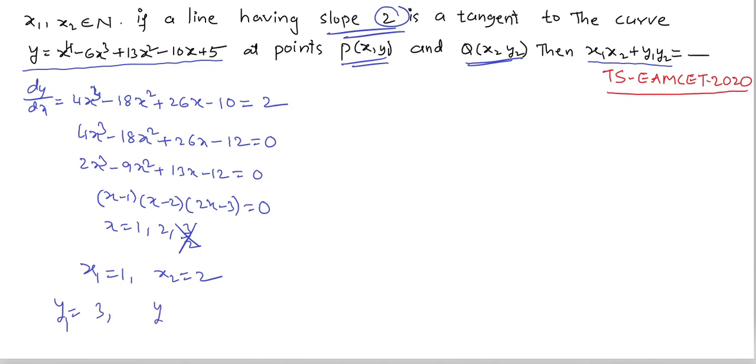Putting x is equal to 2, therefore y2 is equal to 5. Now we find the value of x1 x2 plus y1 y2, that is 1 into 2 plus 3 into 5, that is 2 plus 15 is equal to 17.